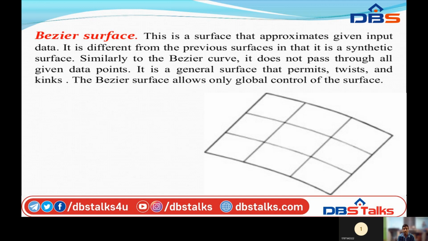After that, it passes through certain specifications, like a general surface that permits twists and kinks. This Bezier surface allows only global control of the surface. The surface is generated by taking points and joining them using lines or curves. This is the basics of the Bezier surface. In depth, we will discuss it later.